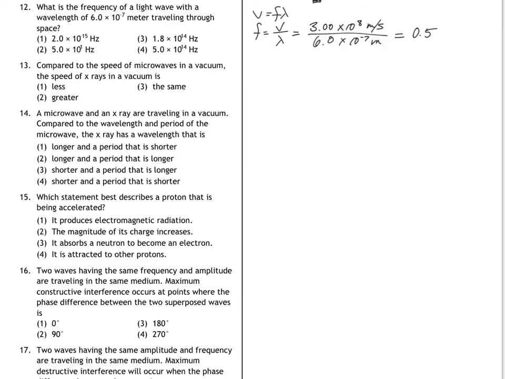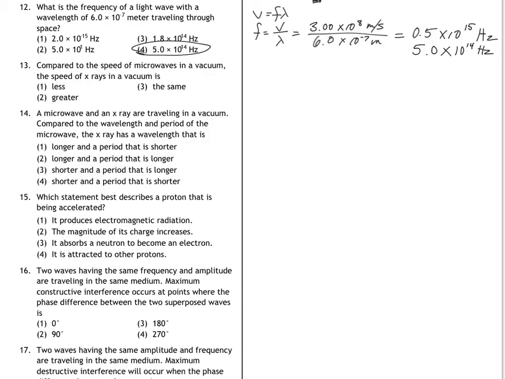So in this case, we'll just say times 10 to the, but it's going to be 8 minus negative 7, which of course is 15. We are solving for frequencies, so this is going to have a unit of hertz. And in proper scientific notation, our answer is going to be 5.0 by 10 to the 14 hertz.